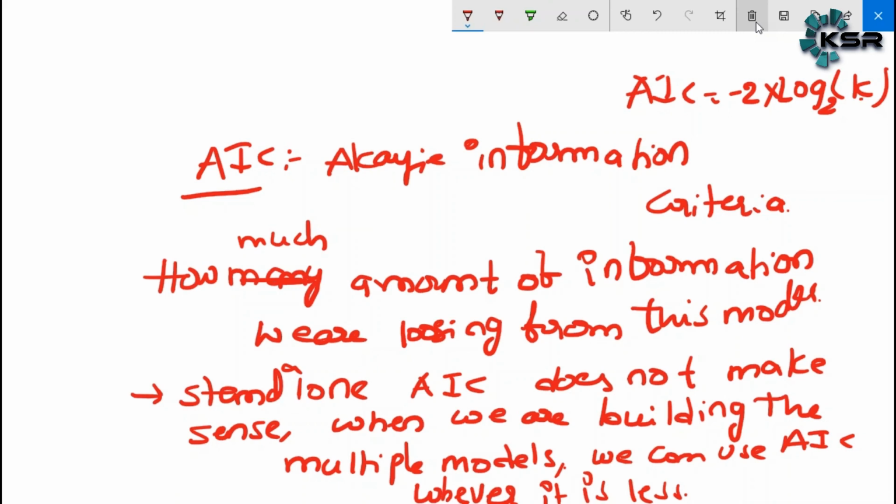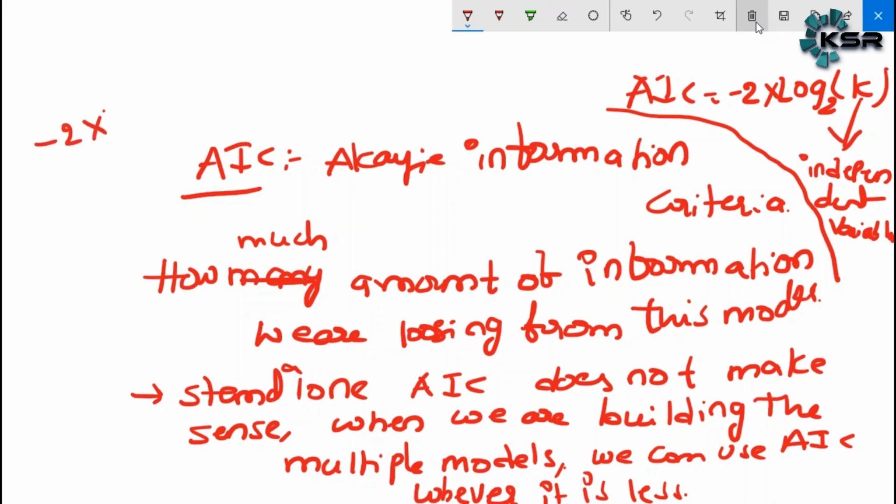Log 2 means base 2, and k means independent variables. In our case, minus 2 into log 2 1.